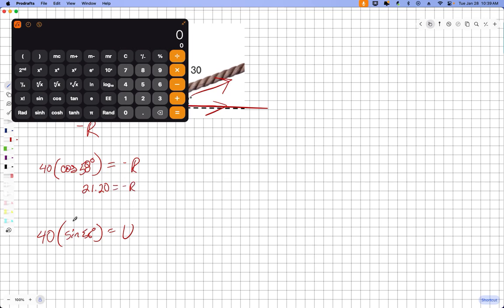And then when we do the u, we get 58 sine times 40, which is going to be 33.92, the positive u. Okay, so we can go ahead and write these over here: negative 21.20 r plus 33.92 u. Okay? All right.